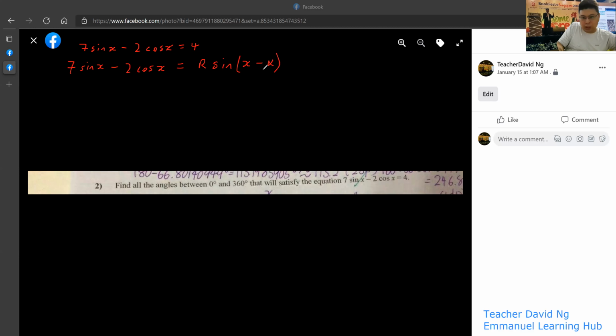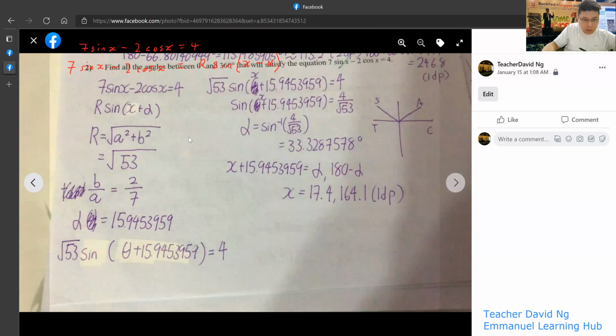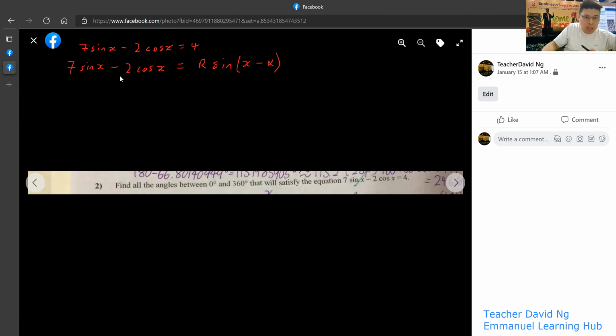The reason why I choose a negative alpha instead of a positive alpha, which the student used originally, is because there is a negative here. So when you expand your R sine x minus alpha, you would end up with R sine x cosine alpha minus R cosine x sine alpha.